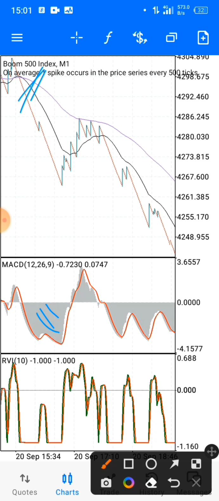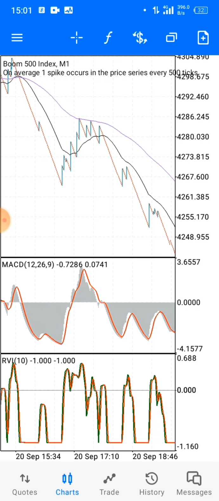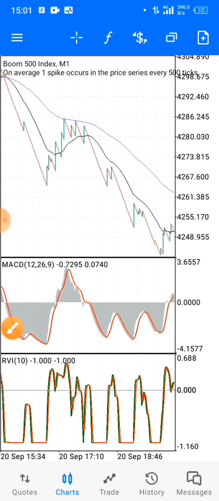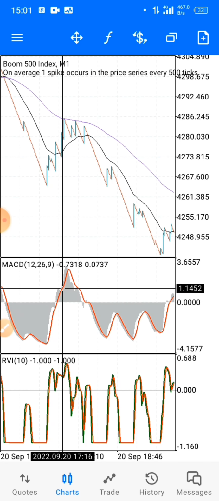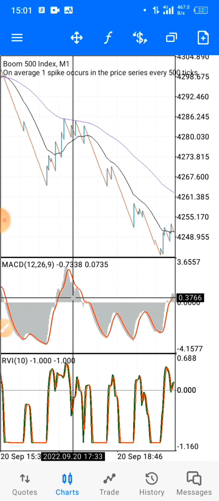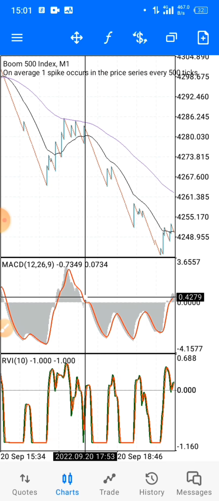Then this spike occurs, but this RVI does not cross above the 0 level, so we don't take that trade, right? And then when we move forward, here it spikes, but the MACD crossed above the level 0, so we're not looking for any entry right here.